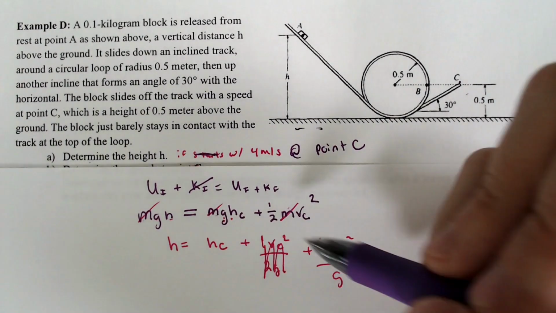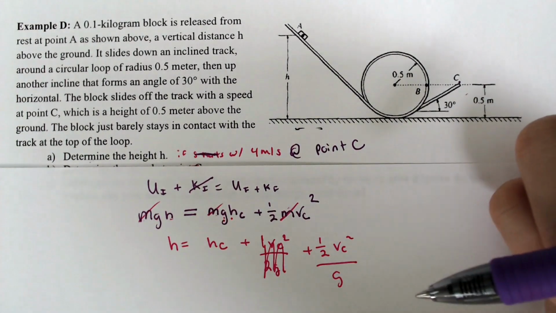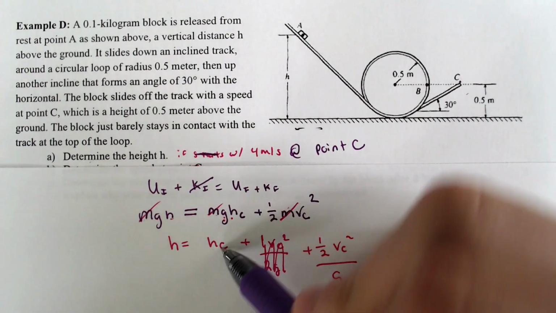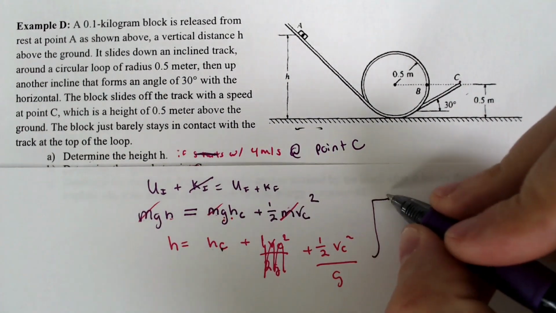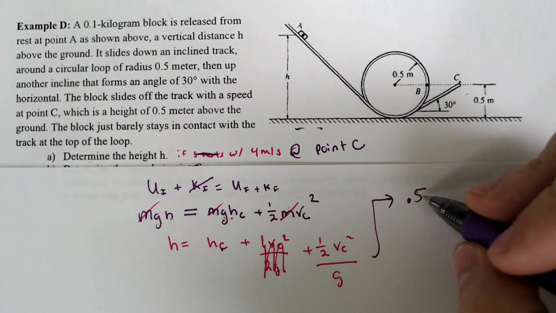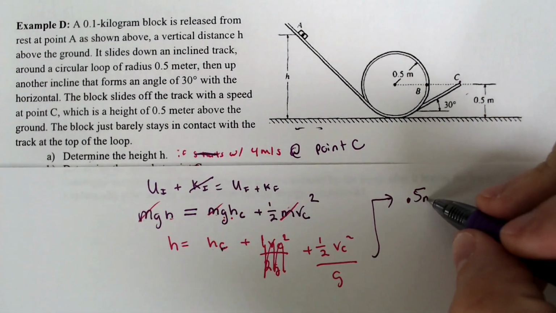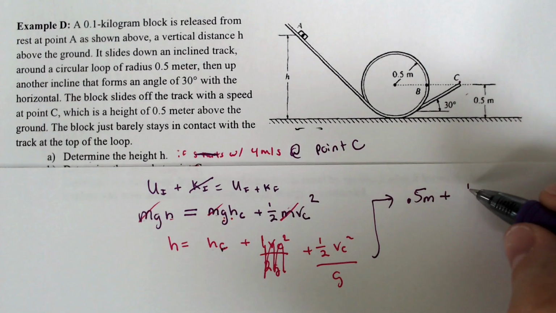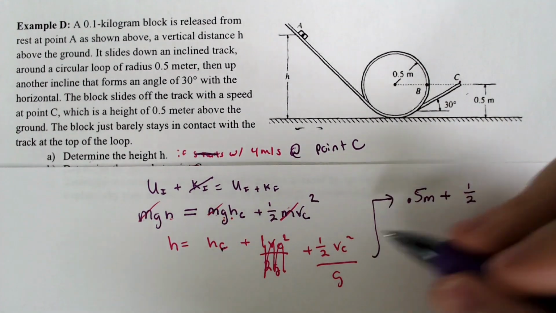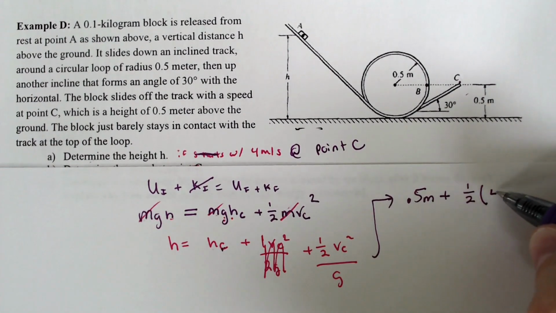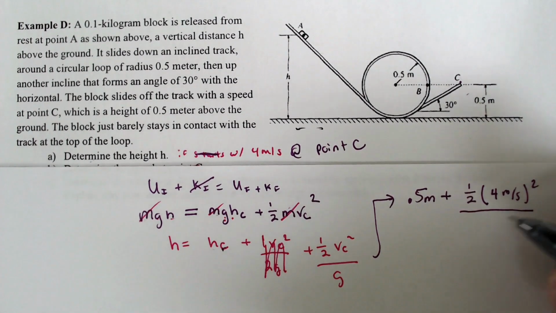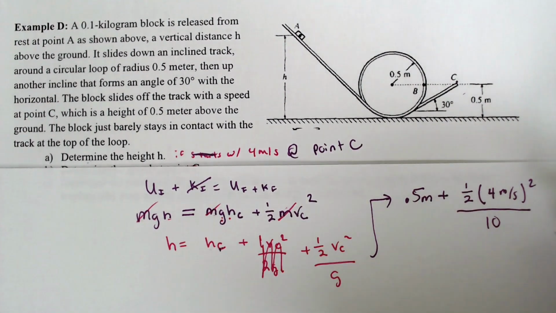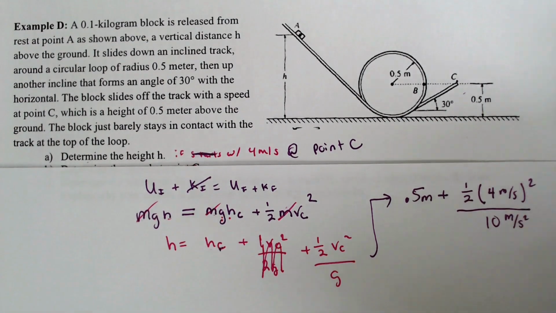All right, so from there, let's plug in some stuff. What is the height of c? 0.5. Okay, so this is going to be 0.5 for h of c, meters, plus 1/2 vc squared. Well, that would be 4 meters per second squared, divided by gravity, which we're going to call, and be lazy, 10 meters per second squared.